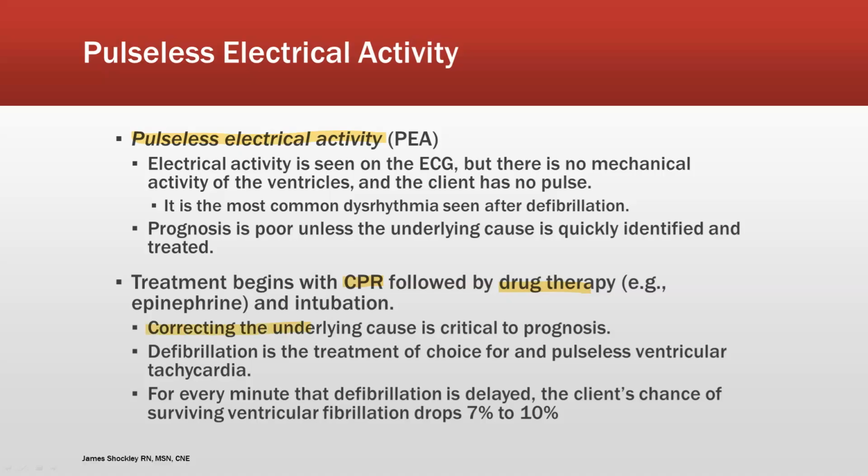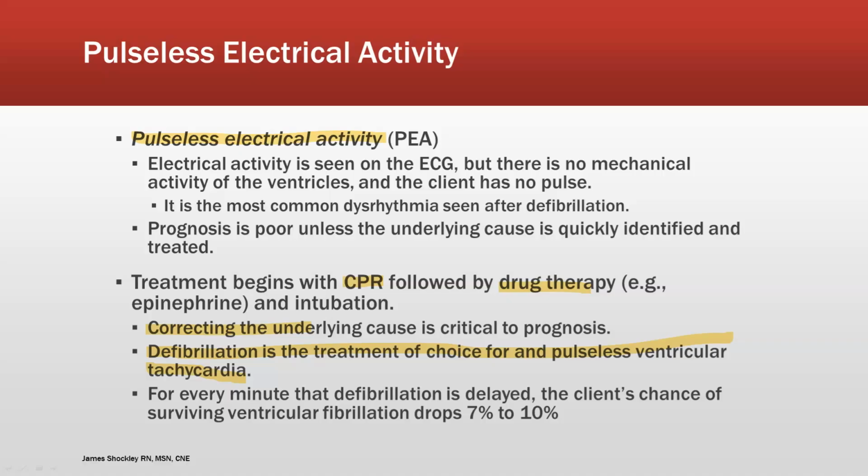So you want to correct the underlying cause. If it's a tachycardia, so a pulseless ventricular tachycardia, you can shock that. And that is the biggest difference, and it's all about the wording. If you see it on NCLEX, please remember that there's a difference between PEA and pulseless ventricular tachycardia.